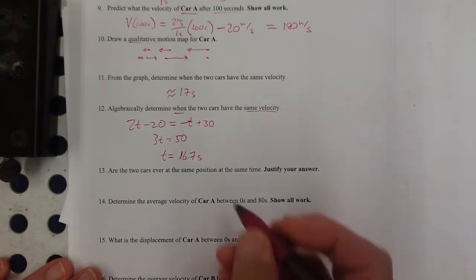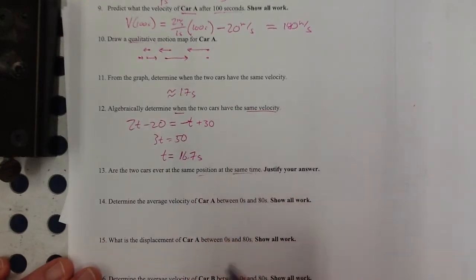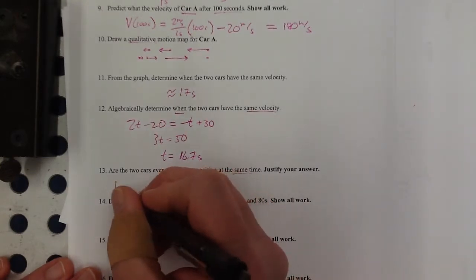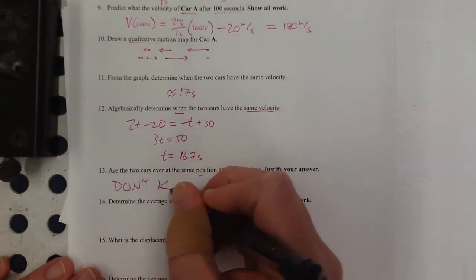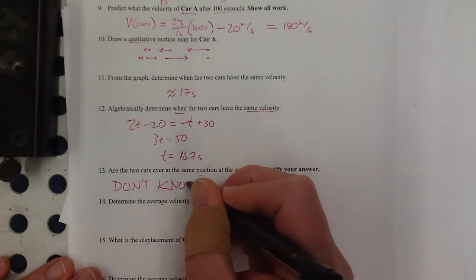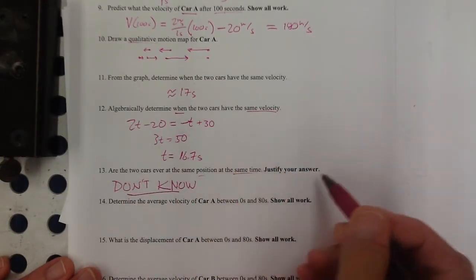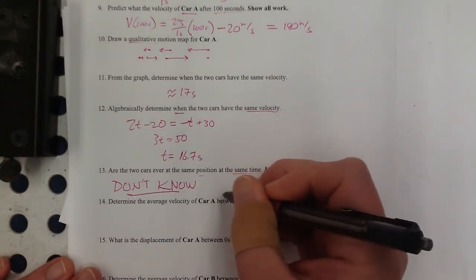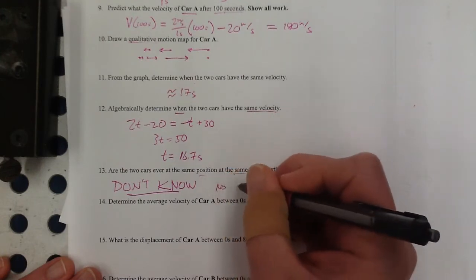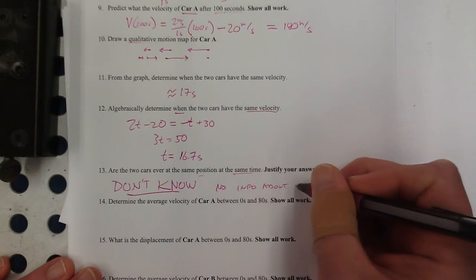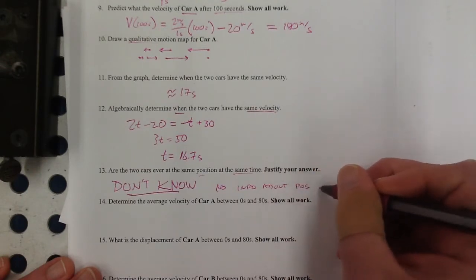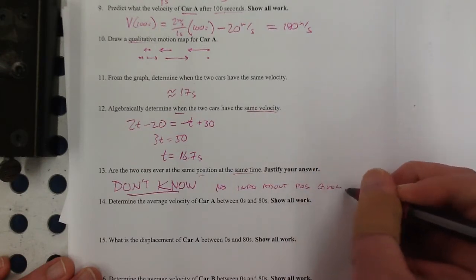Are the cars ever at the same position at the same time? We talked about that a little bit at the beginning. Don't know. Justify your answer. No information about position is given.